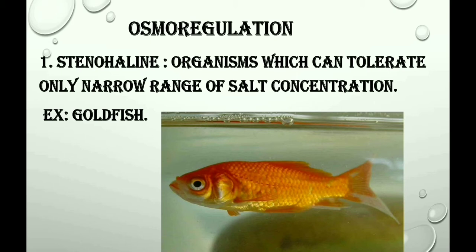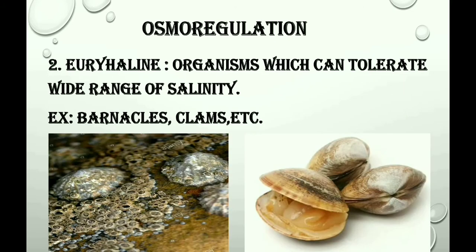For example, freshwater animals, or you can see on your screen, the example is goldfish. Euryhaline, those organisms which can tolerate a wide range of salinity are called euryhaline organisms. For example, barnacles, clams, etc.